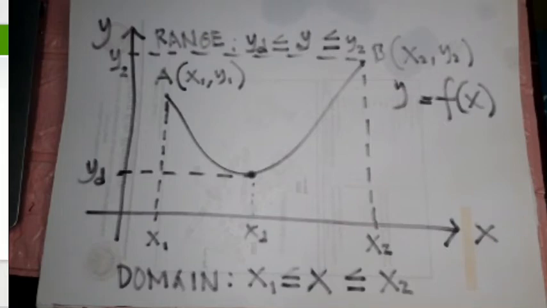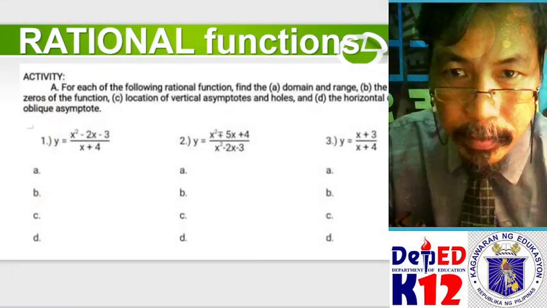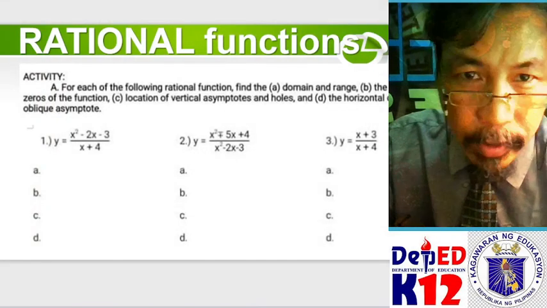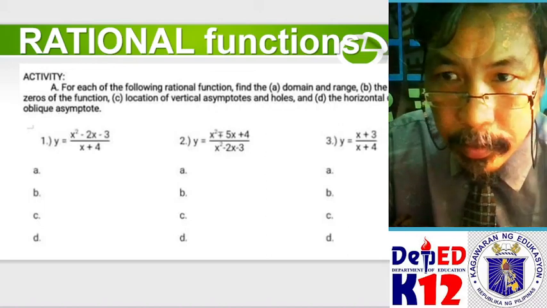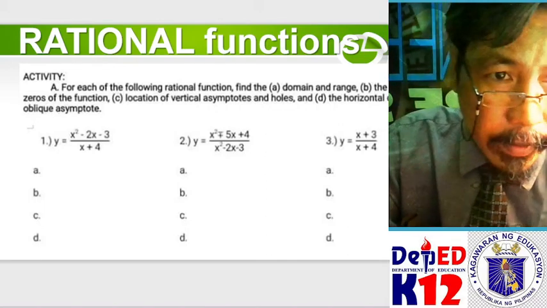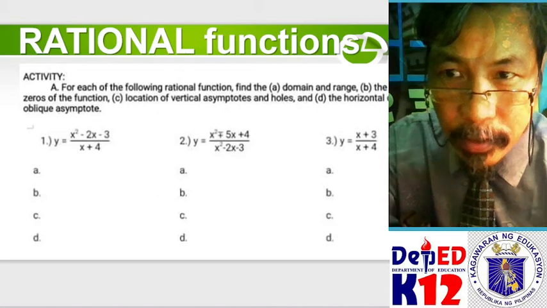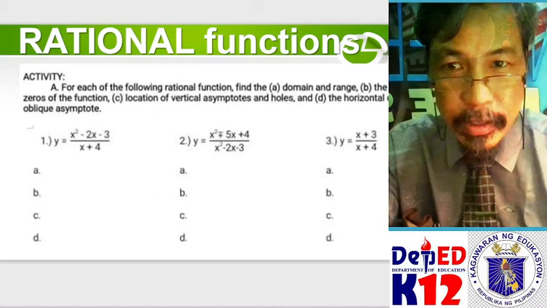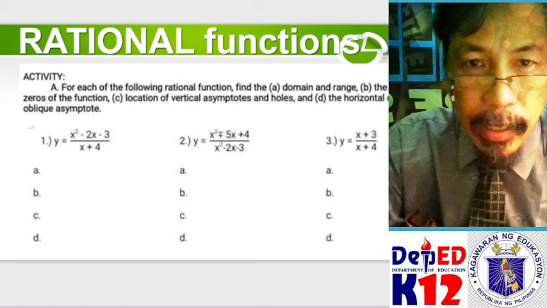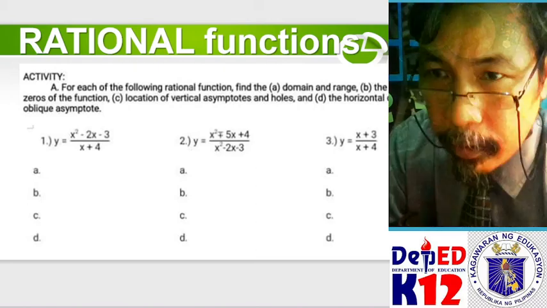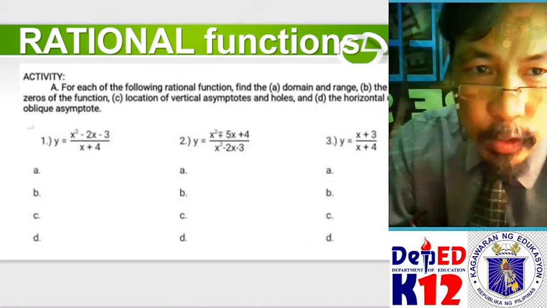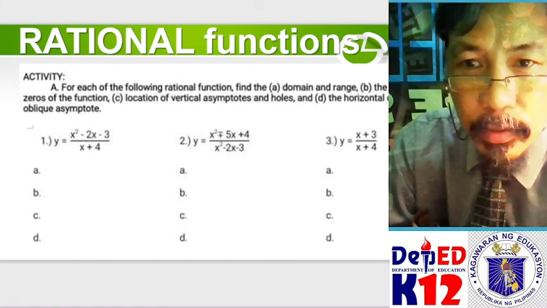So, we can now go back to our next terminology. What is our next terminology there? The zeros of the function. What do you mean by zeros of the function? Zeros of the function are those values that would make our function equal to 0.